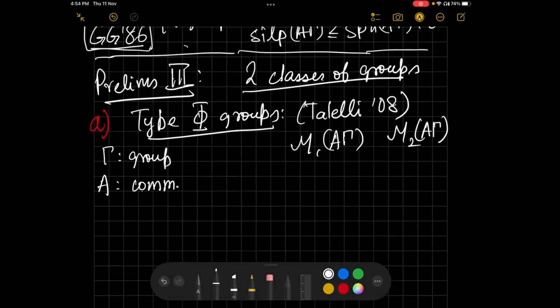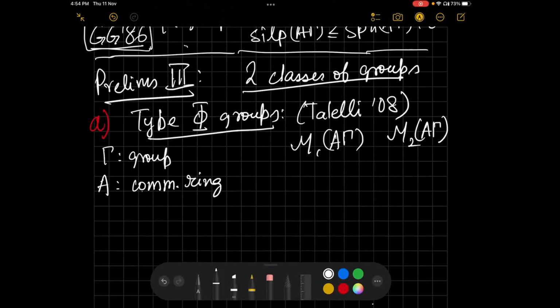So this definition for any commutative ring is sort of new. I mean, Talelli didn't work with any commutative ring, she worked with Z. So M1 A gamma is the class of all those modules that have finite projective dimension as A gamma modules. And M2 A gamma is the class of all those A gamma modules that have finite projective dimension over finite subgroups of gamma.